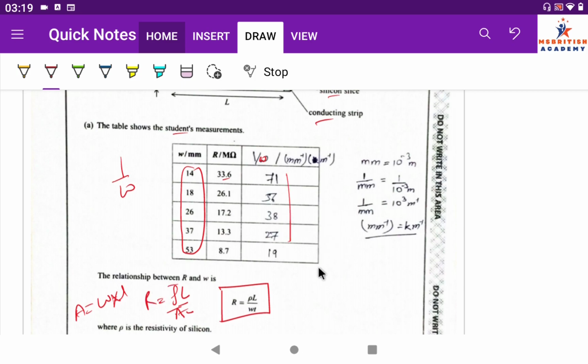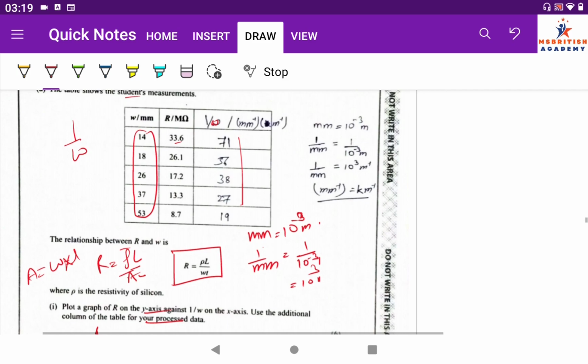As we know, a millimeter is 10 raised to minus 3 meters, so if we take the inverse, millimeter inverse will be 10 raised to 3 meter inverse.